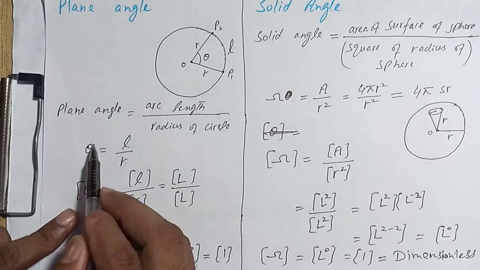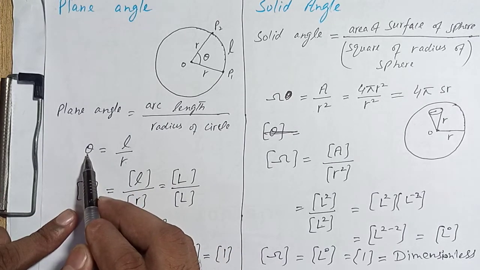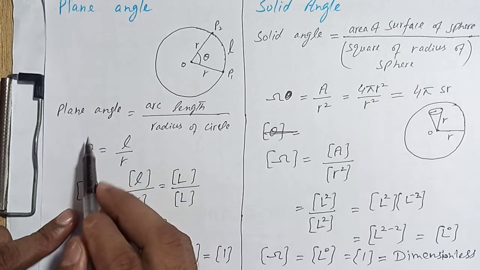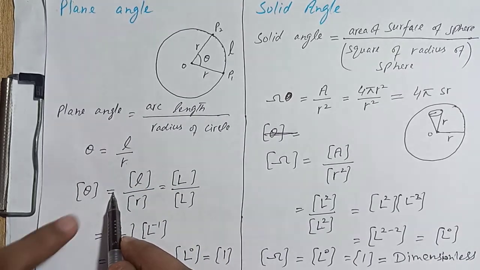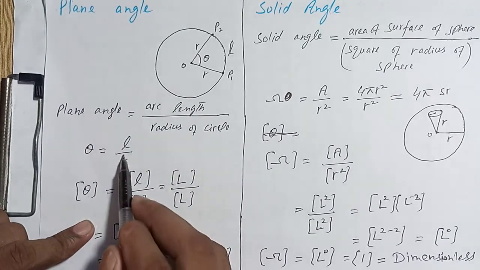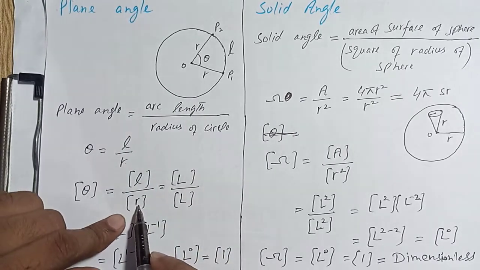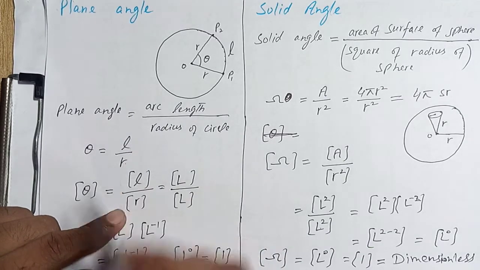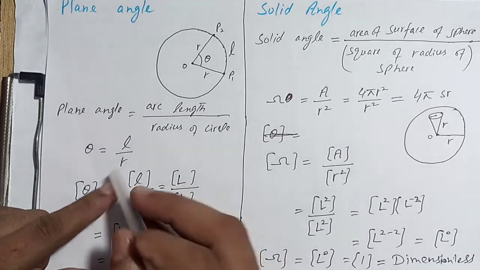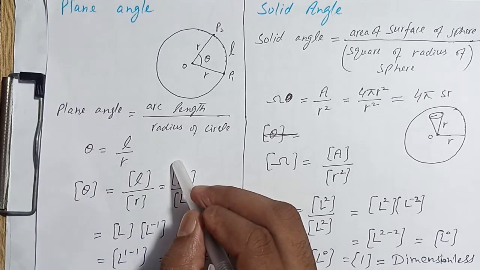When we enclose theta in a square bracket, it represents the dimension of theta. So the dimension of angle theta is equal to the dimension of length L over the dimension of radius R. As we know, length is measured in meters and radius R is also measured in meters.